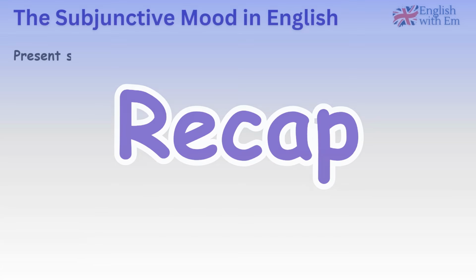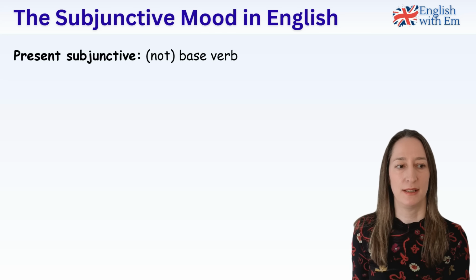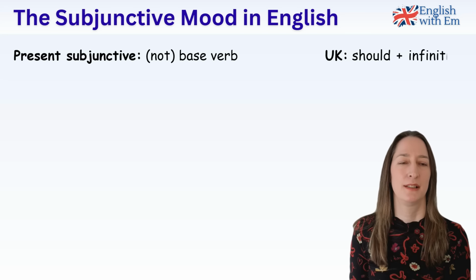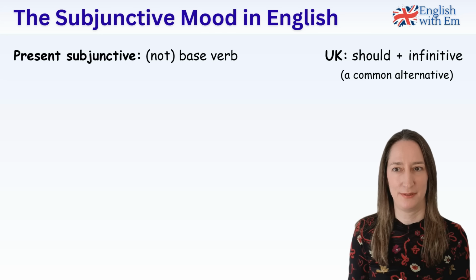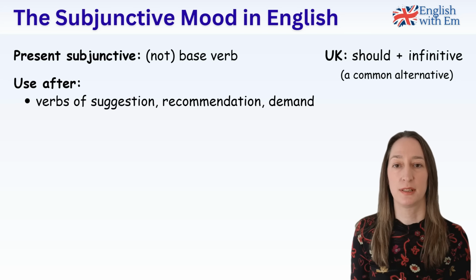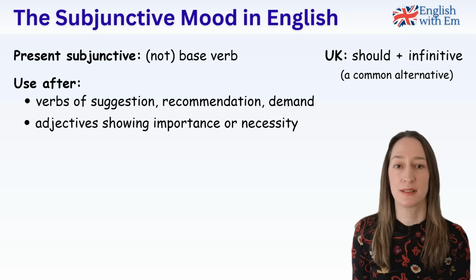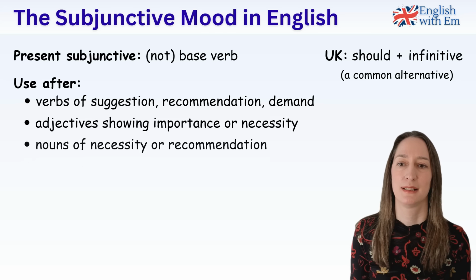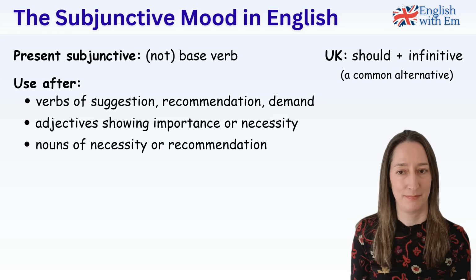So the present subjunctive is formed with the base verb, and in the UK, should followed by the infinitive is a common alternative. It is used after verbs of suggestion, recommendation, or demand, adjectives showing importance or necessity, nouns of necessity or recommendation.